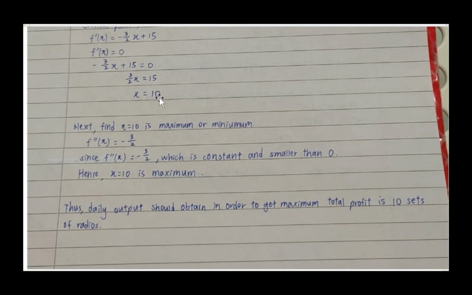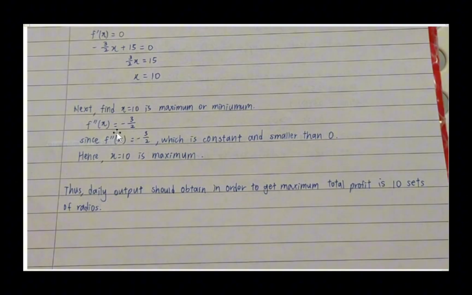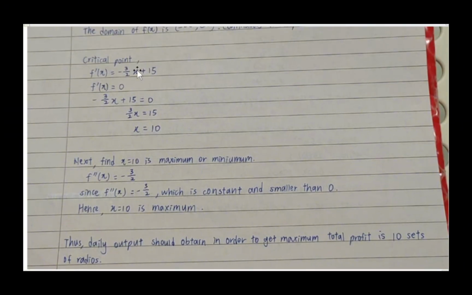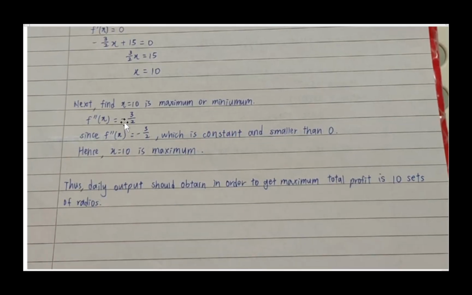So the last step, we need to find out whether x equals 10 here is a maximum or minimum by doing f double prime x. So f double prime x equals, also using the power rule, the power here 1 times with the coefficient in front and minus the power by 1. So we get negative 3 over 2. Since there is no variable here, we just get f double prime x equals this value, which is smaller than 0.